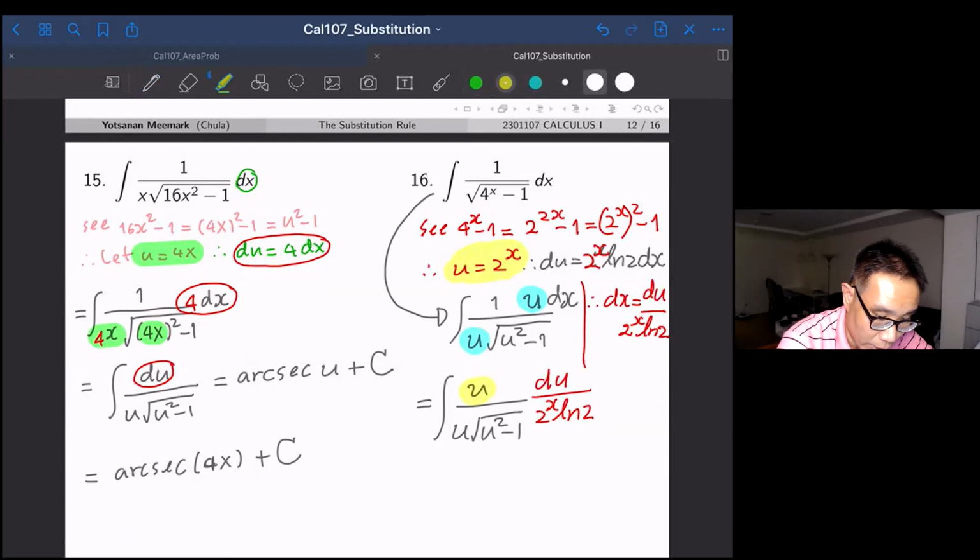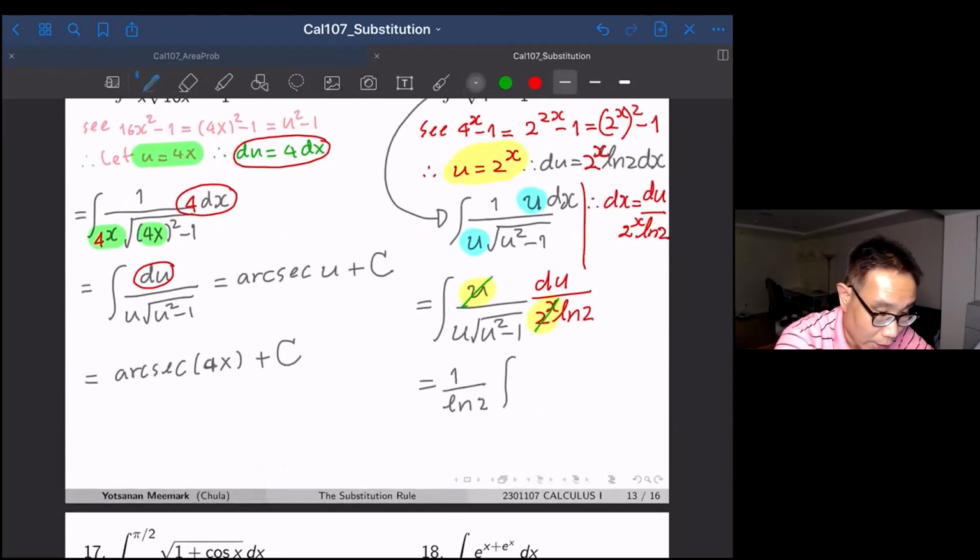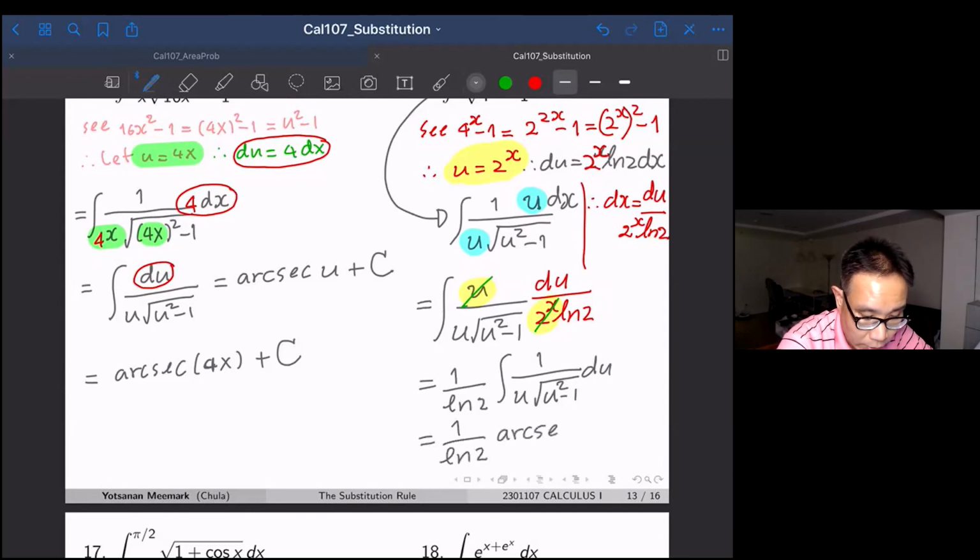So the yellow ones cancel each other. So this one will be 1 over log 2 outside, and you see that it's going to be the integral of 1 over u square root u square minus 1 du. So you get 1 over log 2 arc sec u plus c.